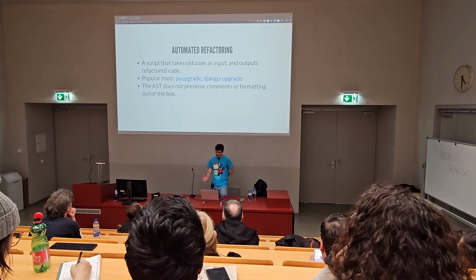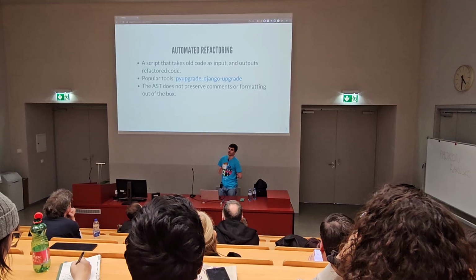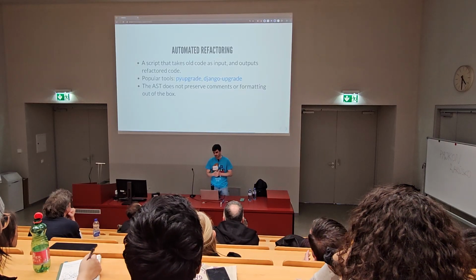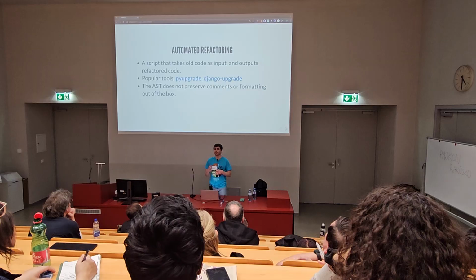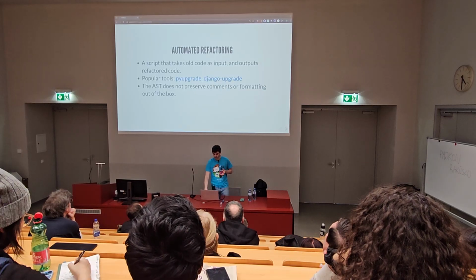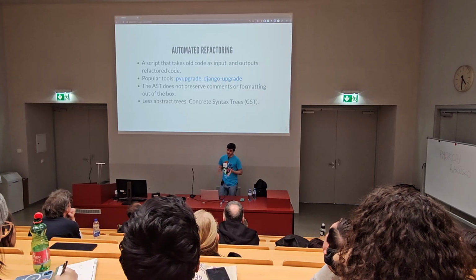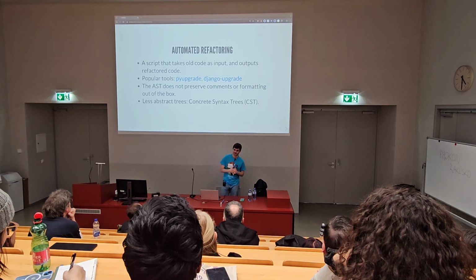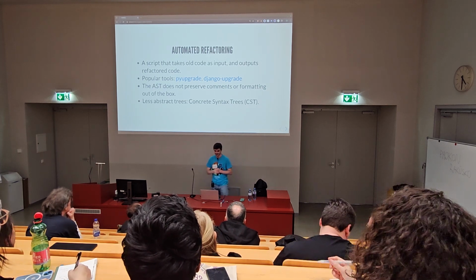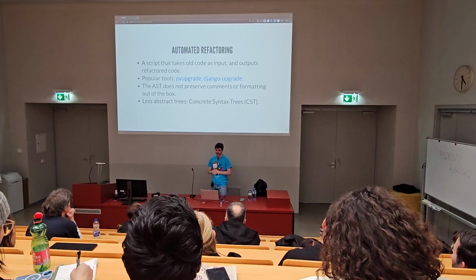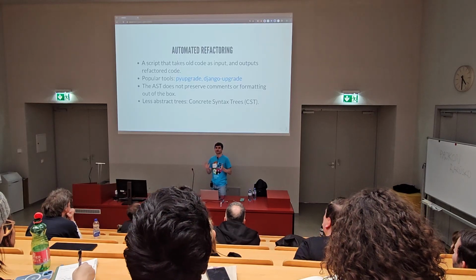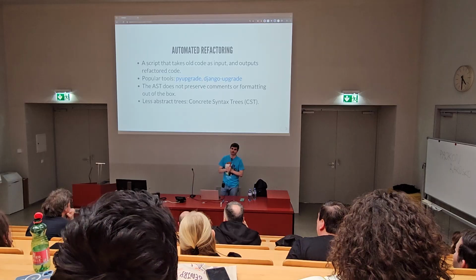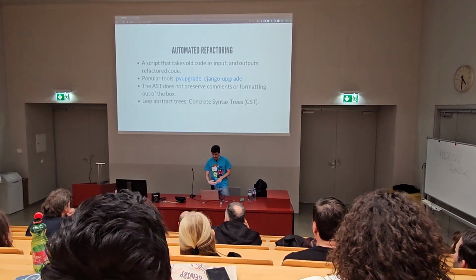We mentioned the AST doesn't preserve comments or formatting out of the box. So if you're writing your own tool, it might prove a bit difficult to make these modifications. For that, there's another type of tree, the concrete syntax tree, basically the cousin of the abstract syntax tree. It preserves white space and comments, so there's more fluff around it, but it feels similar when you're working with it.